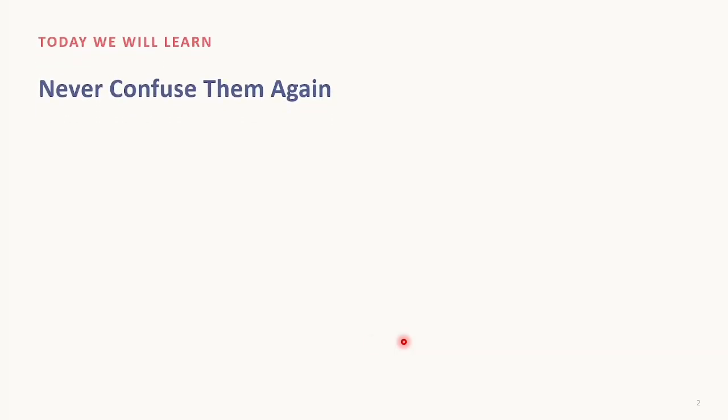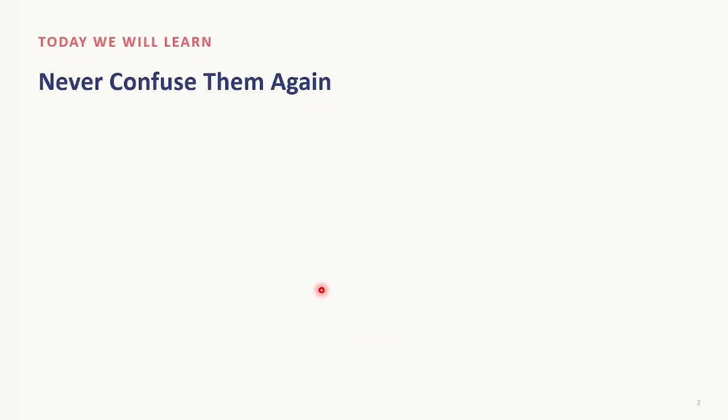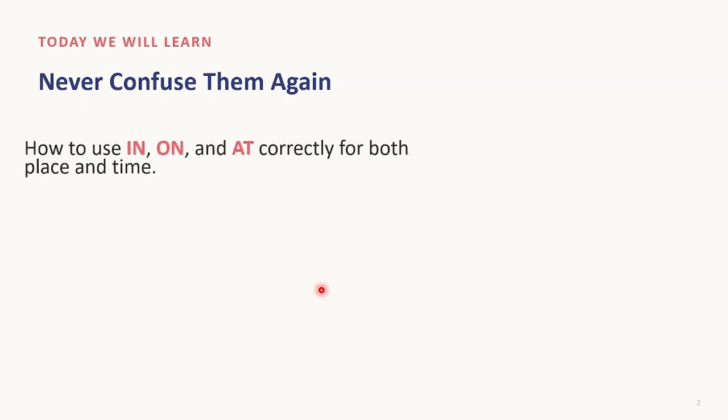Today we will learn to never confuse them again. After this we should not confuse them, and every example and every practice we should solve very easily, and also how to use in, on, and at correctly for both place and time.